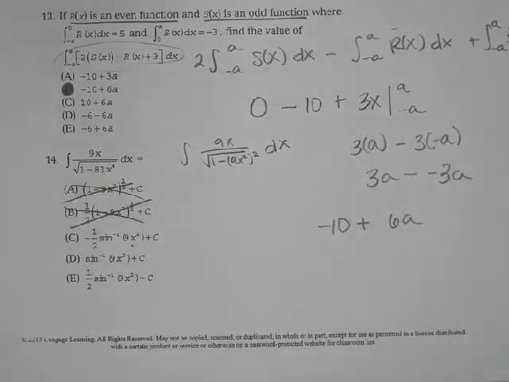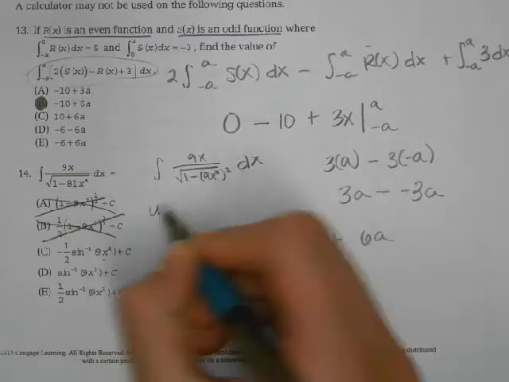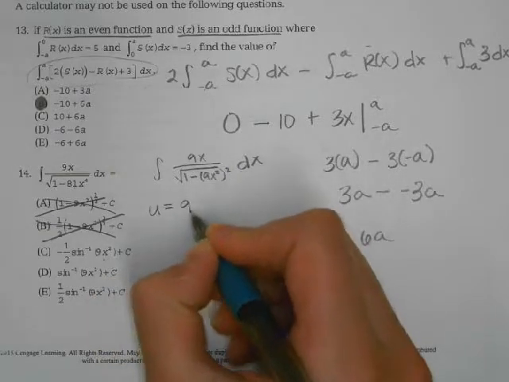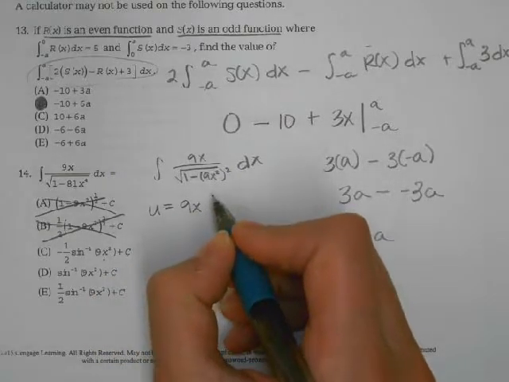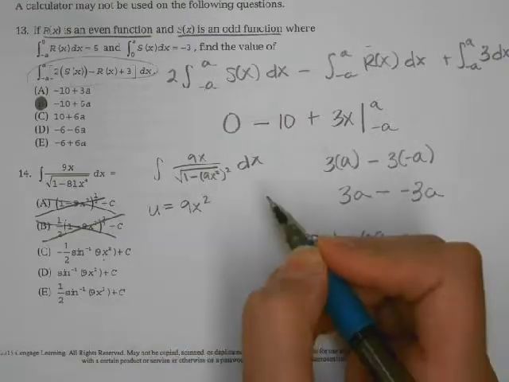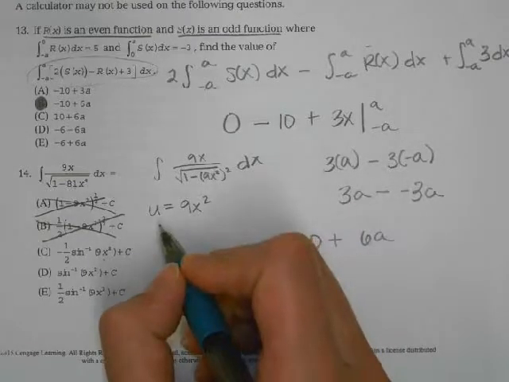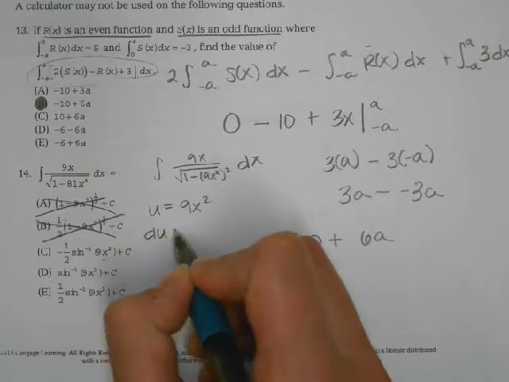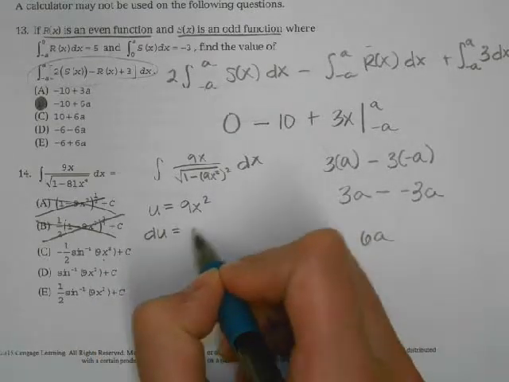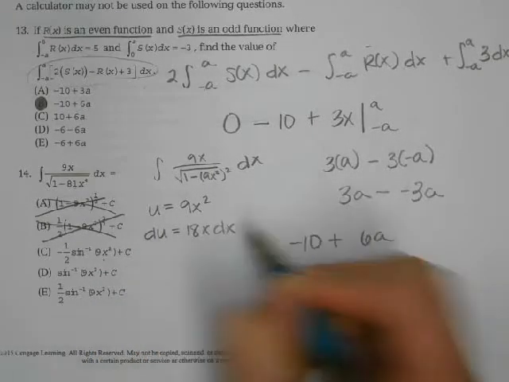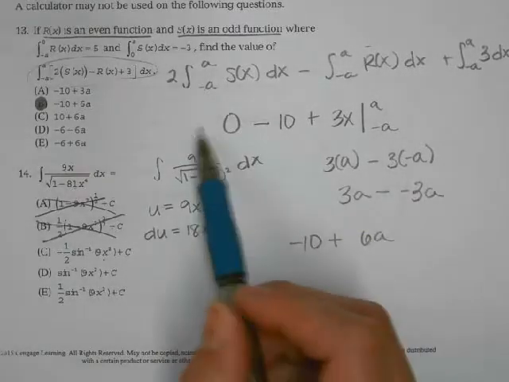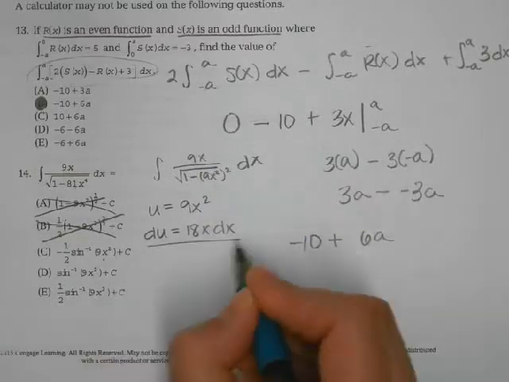So when I looked at this, I was like, okay, this is going to definitely be U-substitution. So I've got u is 9x squared, and du is 18x dx. And I don't have an 18, I do have a 9 though, so I can go ahead and just divide this by 2.